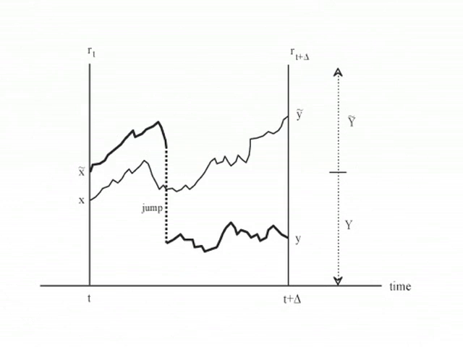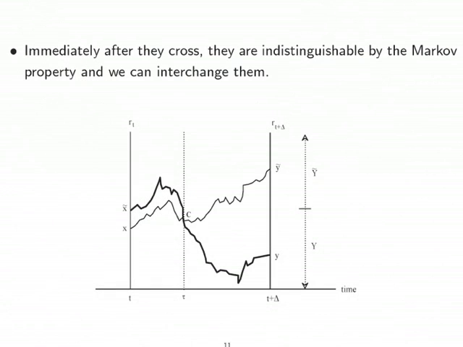But if they jump, it's possible to change order without crossing, if the jump just happens to be as in that picture. Now, on the other hand, if they are continuous, then you have the following simple consequence.